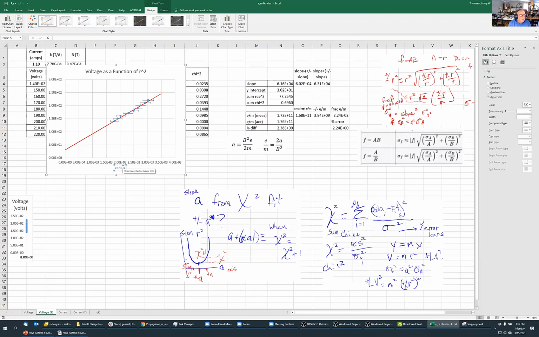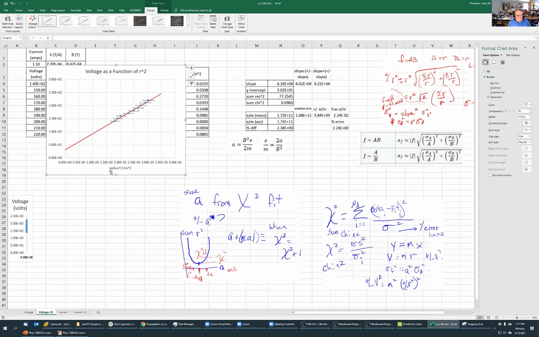Radius squared. And that's in meters squared. That's right, because we converted it into meters. You need to format your graphs to make them look nice.